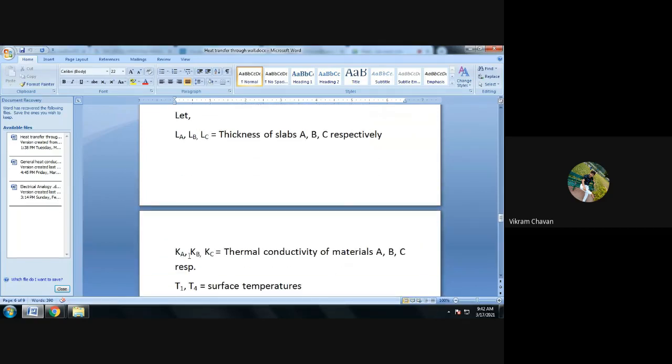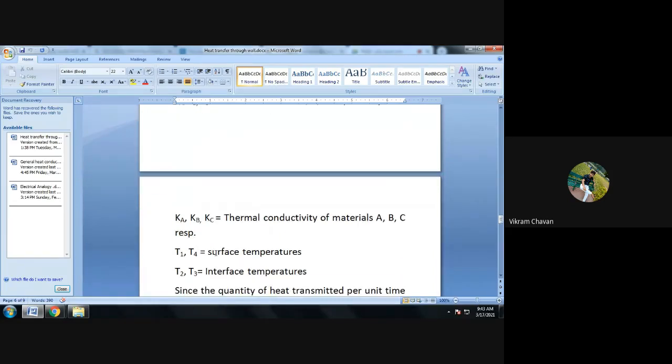Then next, thermal conductivities K_A, K_B and K_C are the thermal conductivities of materials A, B, C respectively. So wall A has a different material, wall B has a different material, and wall C has a different material, so we get different thermal conductivities for the different materials.